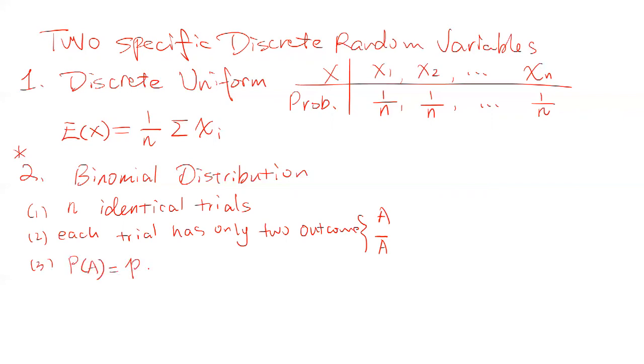We denote it as P. The probability of A not happening also remains constant. We denote it as Q. Actually, Q is 1 minus P. And the last condition is that all the trials are independent.